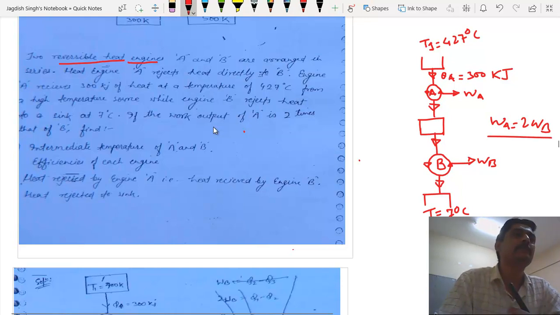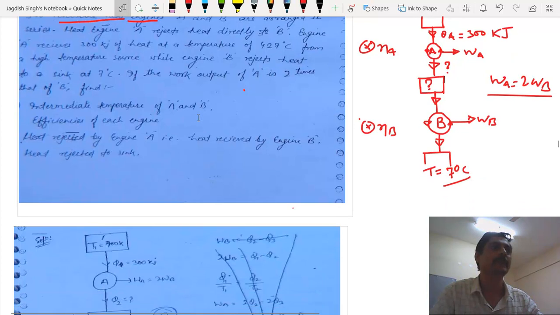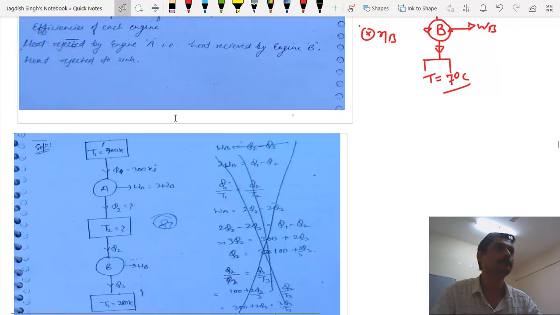Then we have to find the intermediate temperature, the efficiency of each engine, that is the efficiency of A and the efficiency of B, and the heat rejected by engine A. Whatever heat engine A rejects, the same amount of heat is received by engine B. Right? This is the situation.